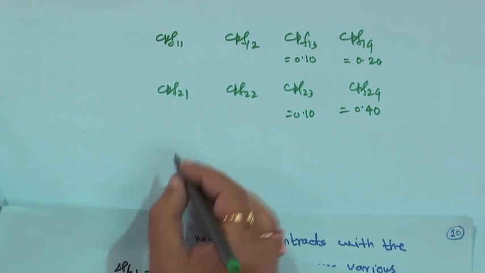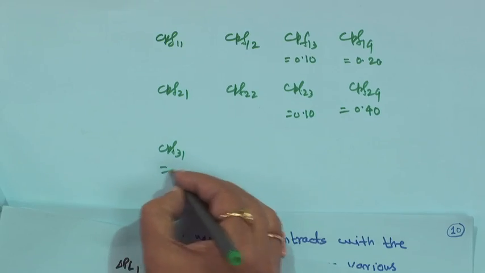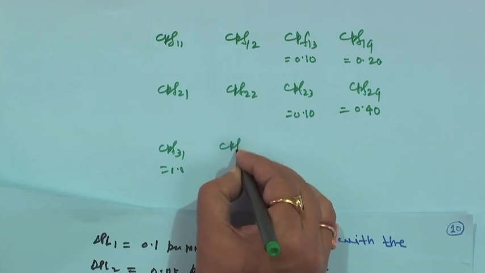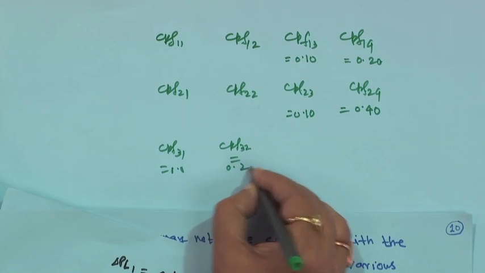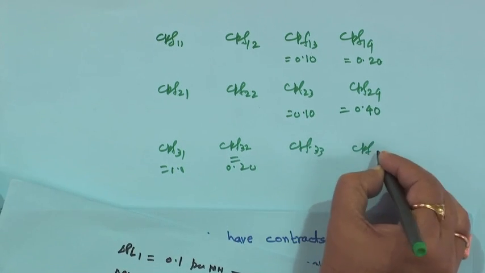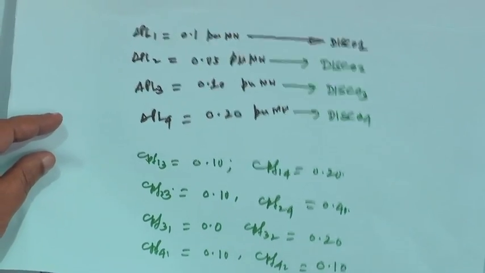Similarly, CPF 31 is given 0, then CPF 32 we have taken as 0.20, then CPF 33 and CPF 34, but there is no question of CPF 33 or CPF 34.